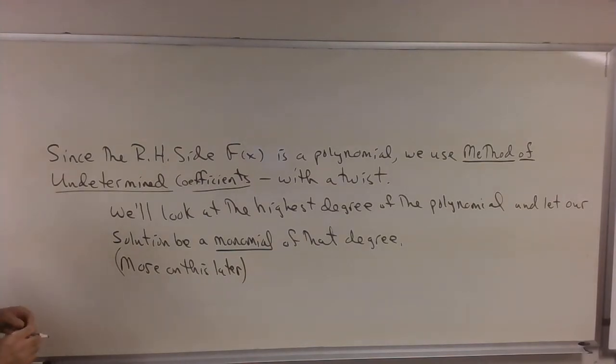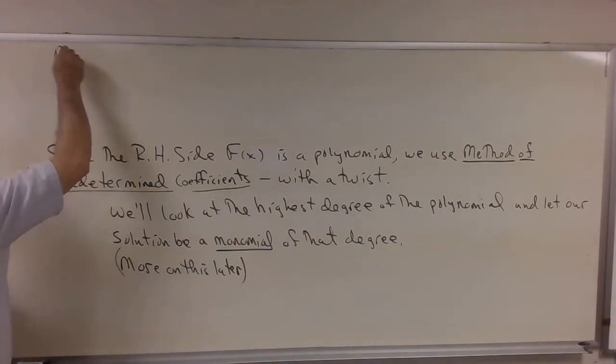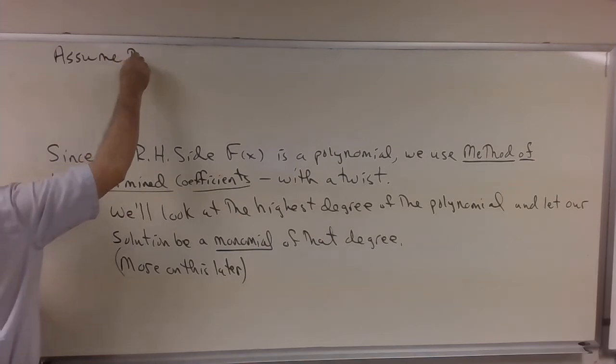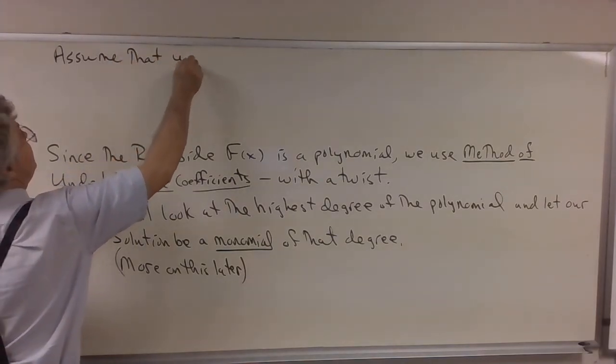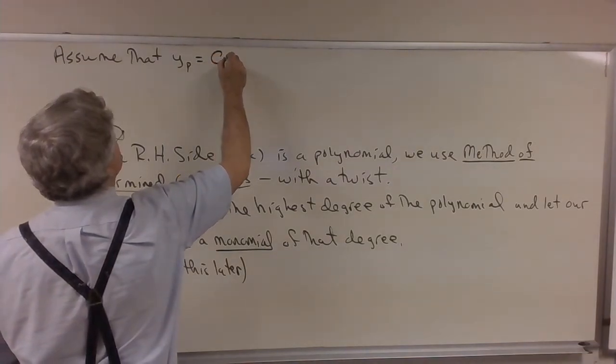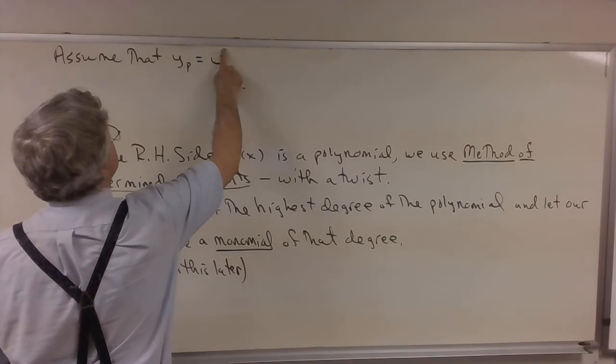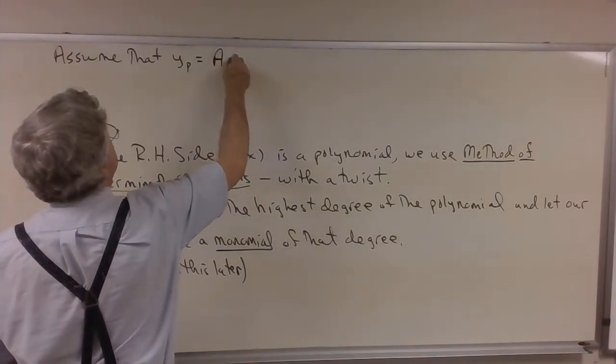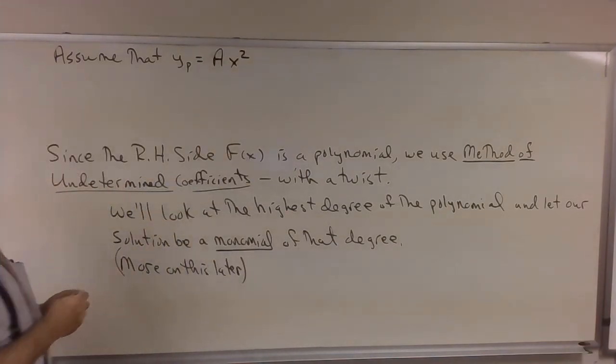So the right-hand side was a monomial of degree 2. The right-hand side was 3x squared. So now let's call it A. But we'll assume that the particular solution is a monomial of degree 2.